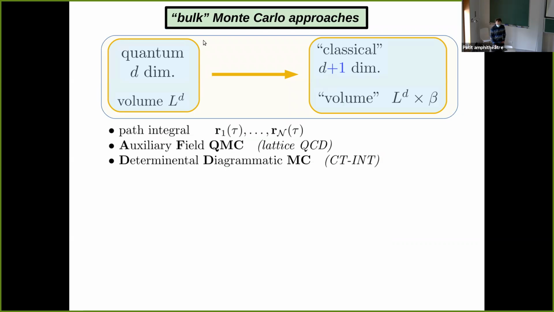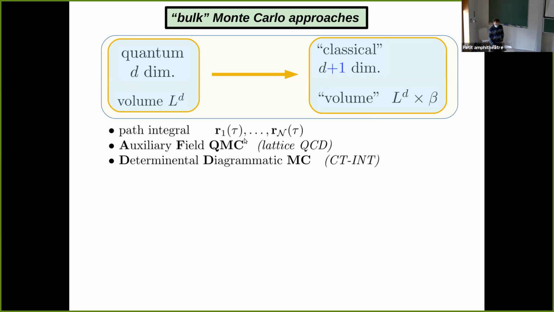So the most widely used kind of approach is what I would call here bulk Monte Carlo approaches, which are all based on some kind of mapping from the quantum problem in d dimensions in a finite volume L to a kind of classical problem in d+1 dimensions, with one extra dimension, which is the imaginary time. And accordingly, the volume is multiplied by beta, which is the size in the imaginary time direction, which is the inverse temperature.